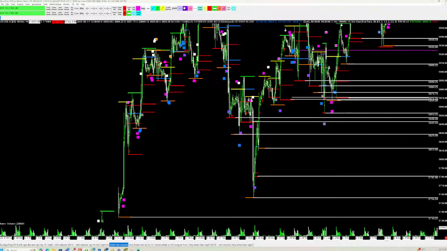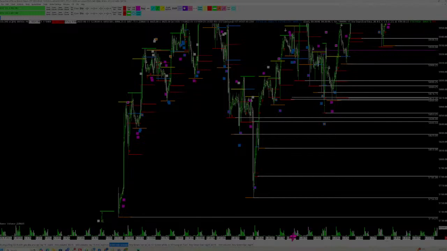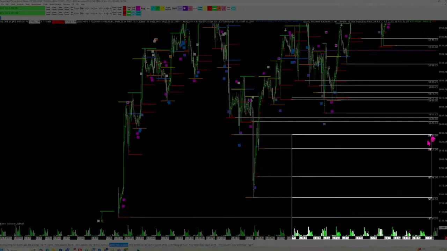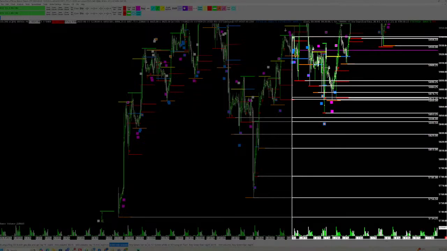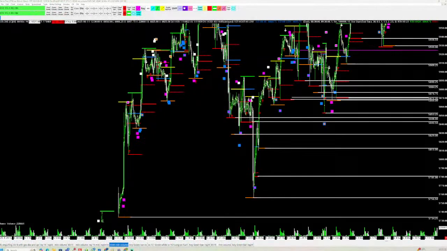Let's take a quick picture of this. And that's what my levels below will look like for tonight. I might modify them once I look closer. I'll show you how I would modify them from there.